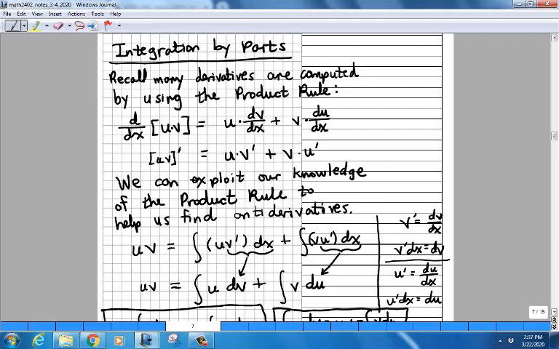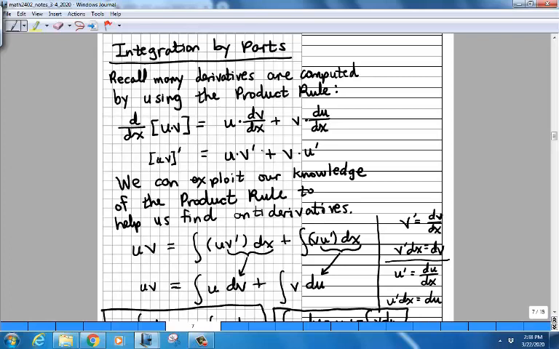And today, this new technique that we're going to learn, integration by parts, also comes about by reversing or inverting one of our more useful differentiation techniques, and that happens to be the product rule. We often use the product rule to differentiate in calculus, and so we're going to exploit that rule to develop an integration technique, and that's how integration by parts actually comes about.